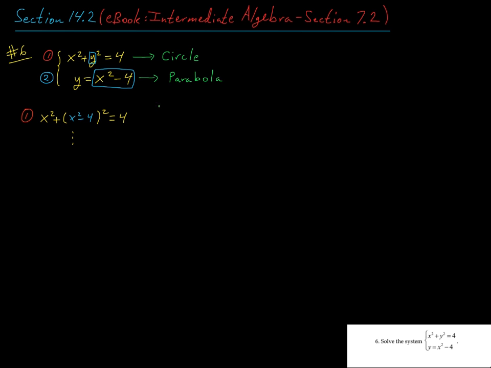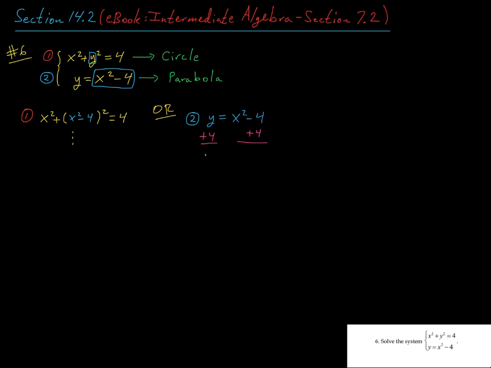So I'm going to consider another approach, and the thing to notice here is that I have an x squared in equation 1, but I also have an x squared in equation 2. Okay, so what I'm going to do, I'm going to solve for x squared in equation 2 by just adding 4 to both sides.